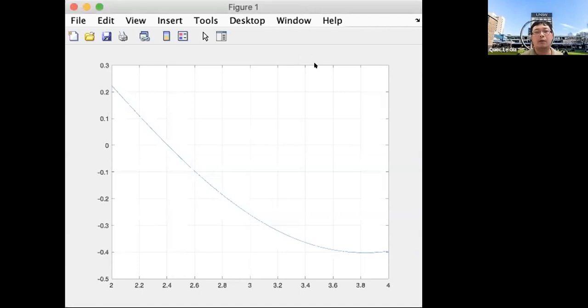So you see that we found out that P star has to be around 2.4 something. And you see 2.4 is right here. So 2.4 is exactly when it cuts the OX line. Okay, so this is the way you find the zeros of a function.